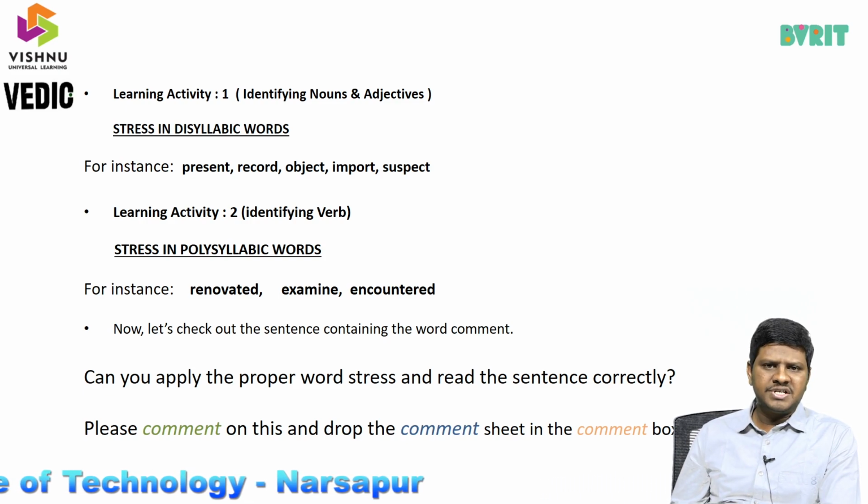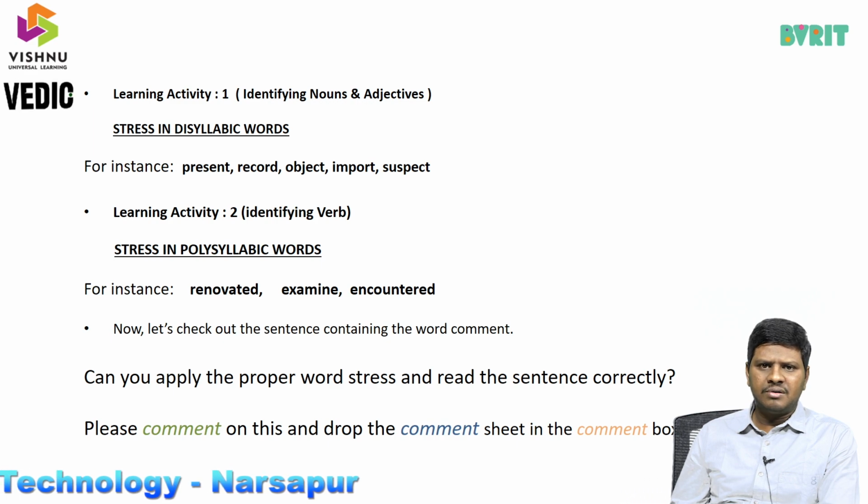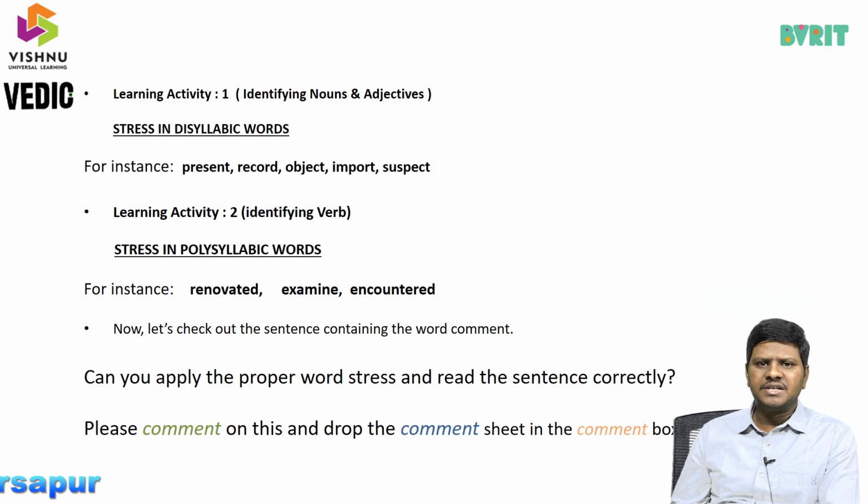People don't know whether to keep the stress on the second syllable or the first syllable, because if they don't understand which comes under the verb category and which comes under the noun or adjective category, they cannot decide where to keep the stress mark.